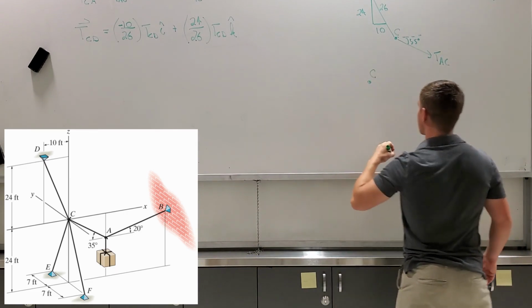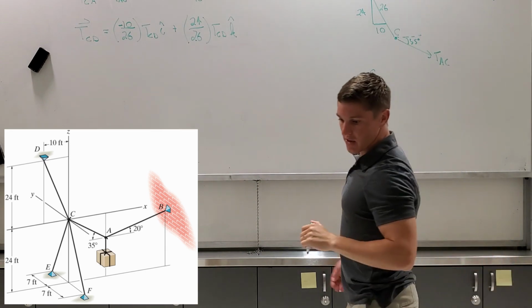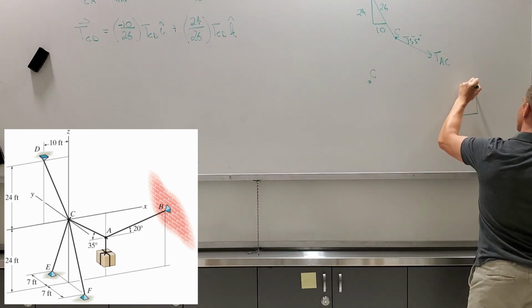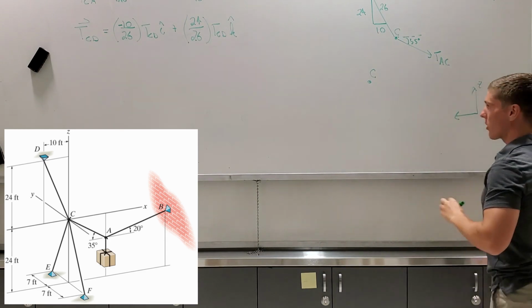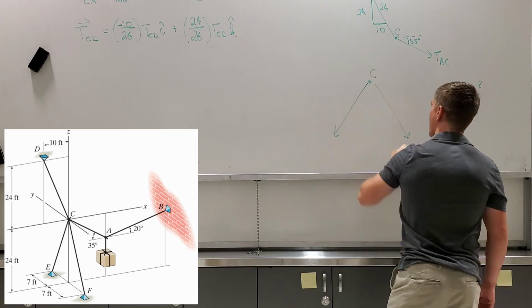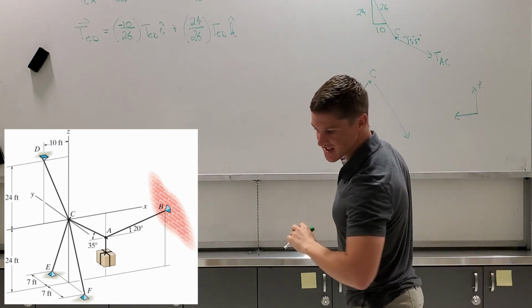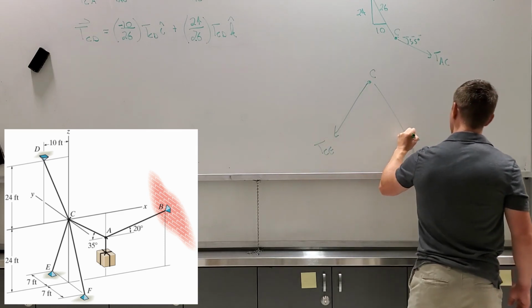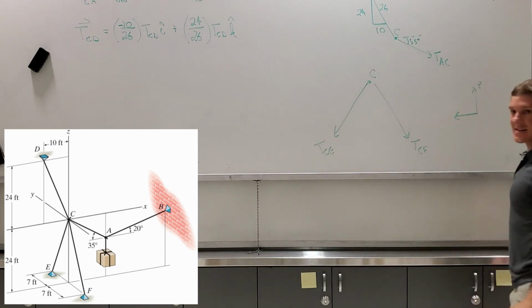Here's my point C, with the y-axis directed to the left and the z-axis directed upward, and we have two cables acting downward. We have TCE and TCF acting downward.